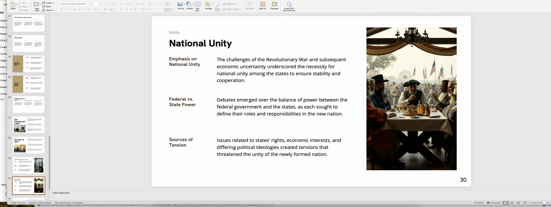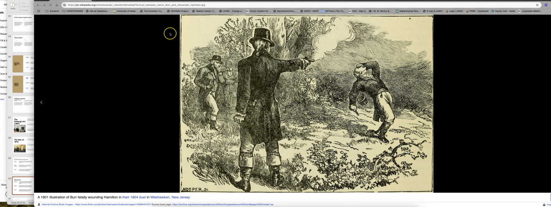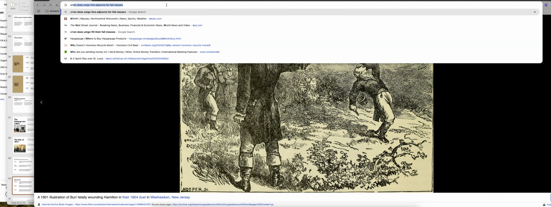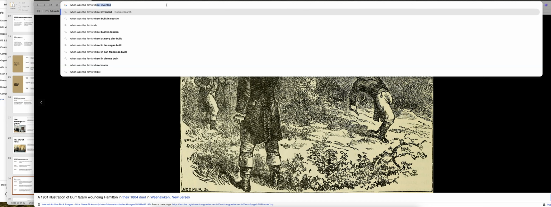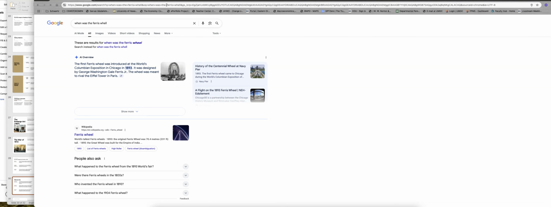The other thing that wouldn't be accurate is the Ferris wheel, which doesn't get invented until the Chicago World's Fair in like 1892, and yet it's appearing in this picture when Ben Franklin would have been dead. I think that's accurate. Sorry, I said 1892, it was 1893, Chicago World's Fair.